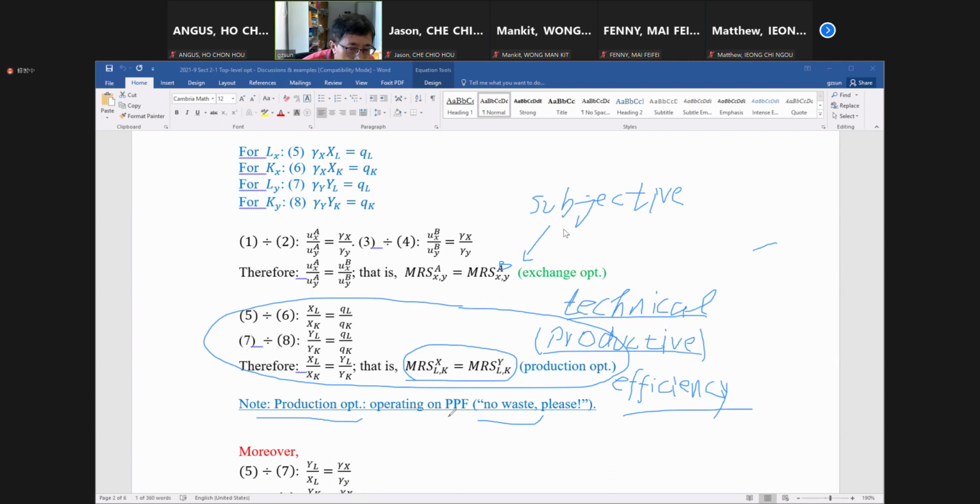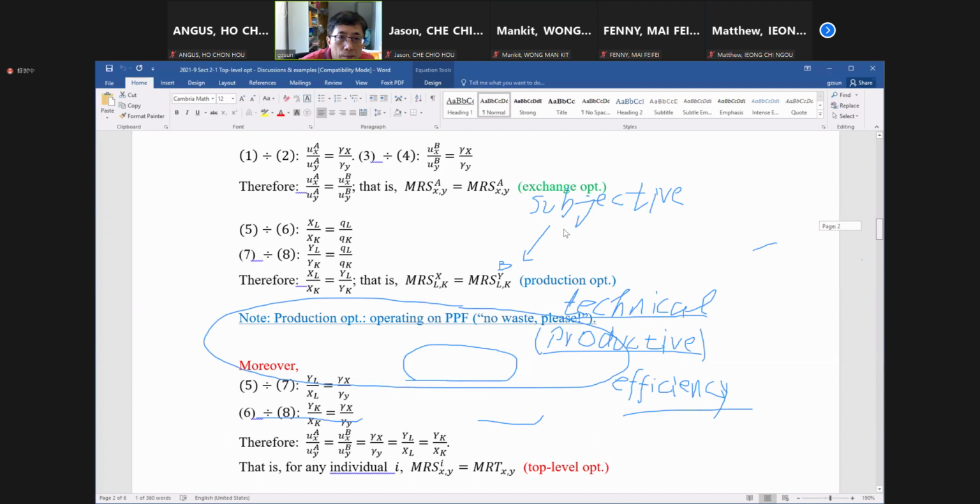When we introduce the PPF, I believe you will have a better understanding of the so-called production optimum. So let's go on.